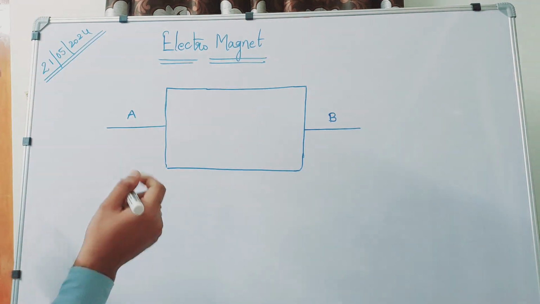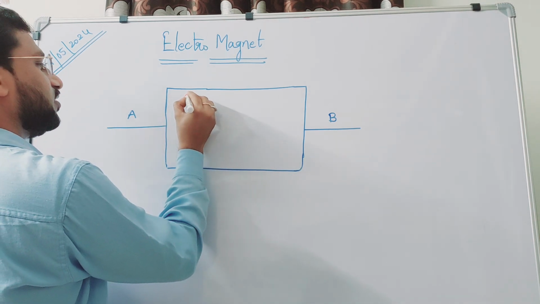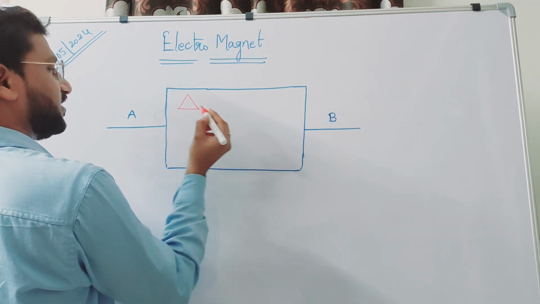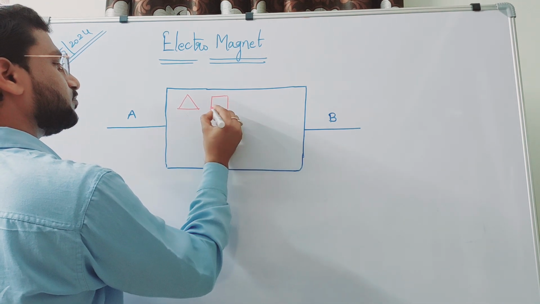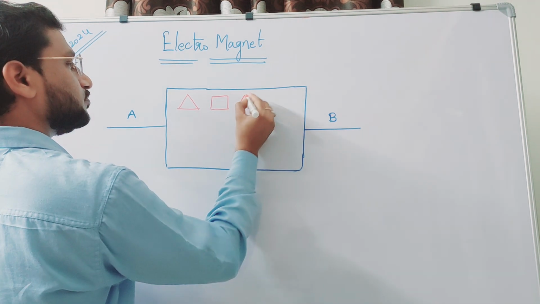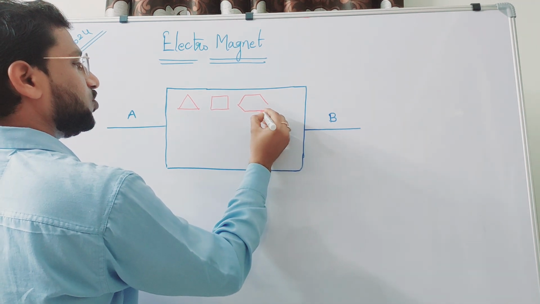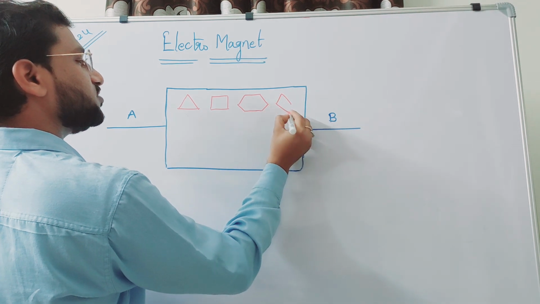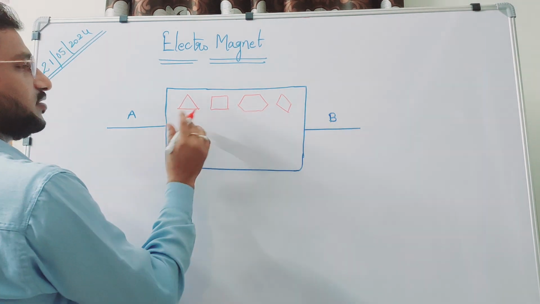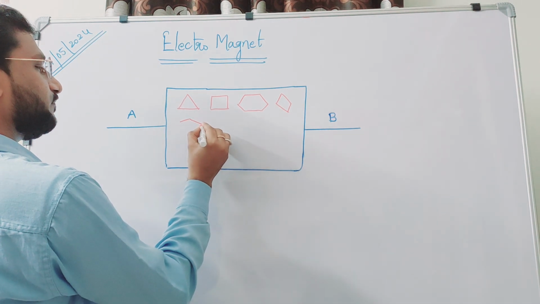Now here I will be showing the magnetic molecules like this. The shape of these magnetic molecules is not uniform. It can be of any different structure.